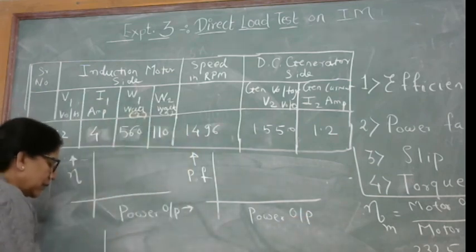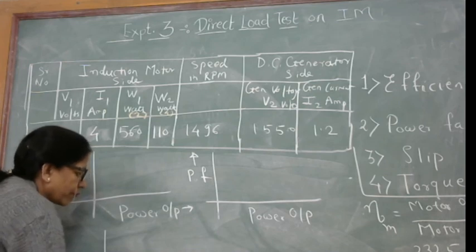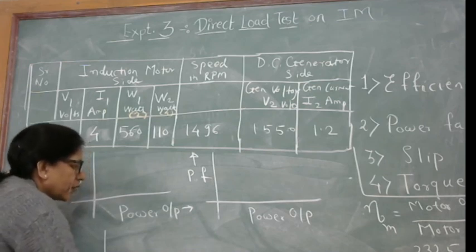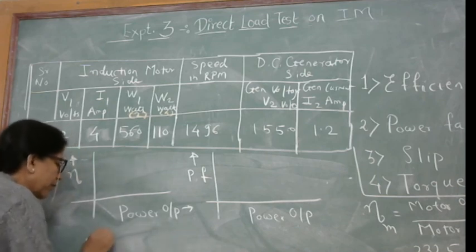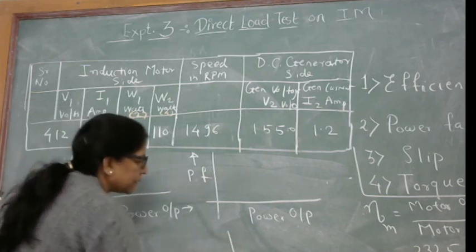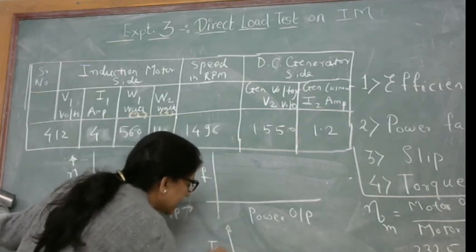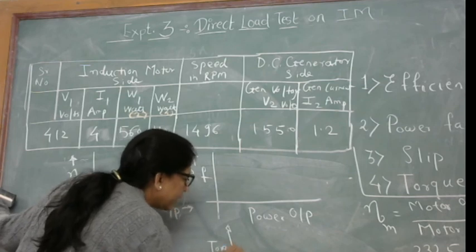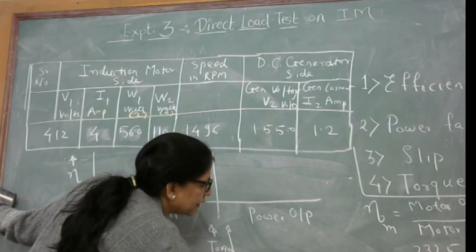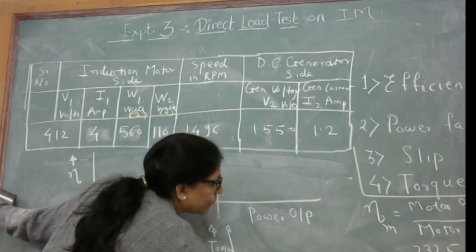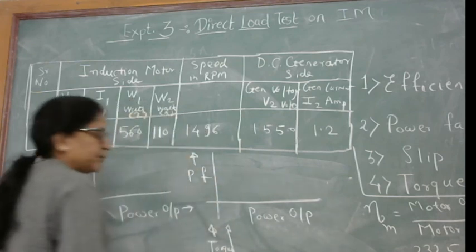Then third, motor input current versus the power factor. And the last one you have to plot is the graph showing variation of torque with respect to speed, and also you have to plot the graph for variation of torque with respect to slip.